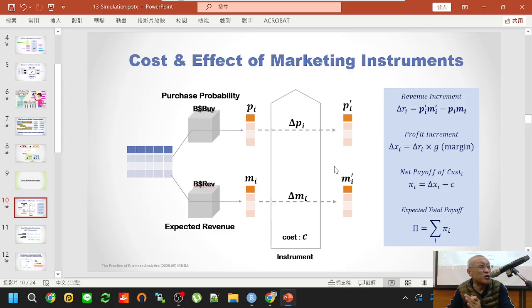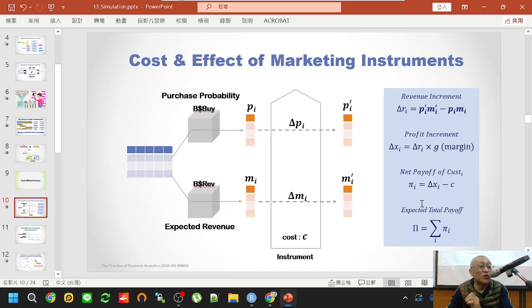So this calculation is actually done at every customer's level, right? We apply that instrument and we raise each customer's buying probability, and then we can calculate the revenue increment, the profit increment, and after deducting the cost, we know the net effect of this instrument on customer i.